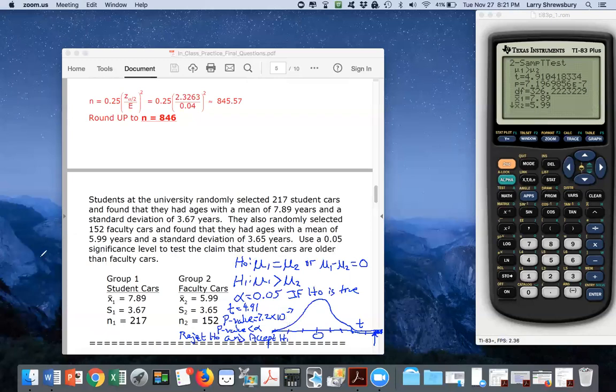And whenever it's this conclusion, it always starts off with, there is sufficient evidence at whatever confidence level they gave you to support the claim, and then you can just steal the words. See, isn't that easy? Here, let me clear this, scroll down so you can see the prettier version.